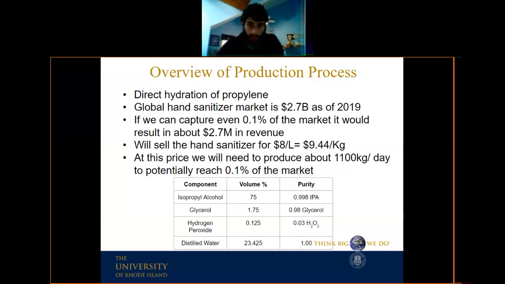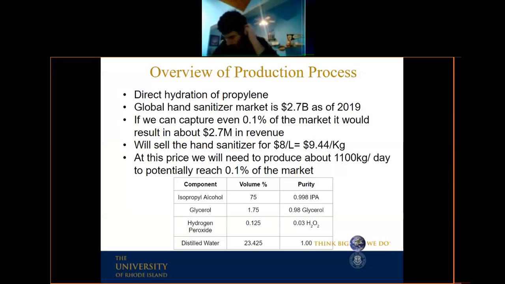We came to that number just based on what big brands like Purell were going for. We just wanted to be competitive with them, obviously. And at this price point, we will need to produce about 1,100 kilograms per day if we want to reach that 0.1% of the market.